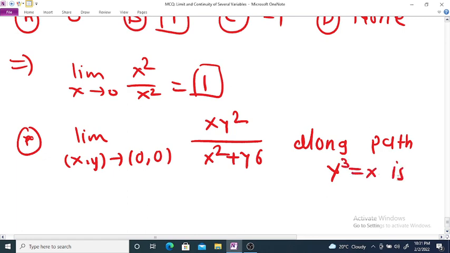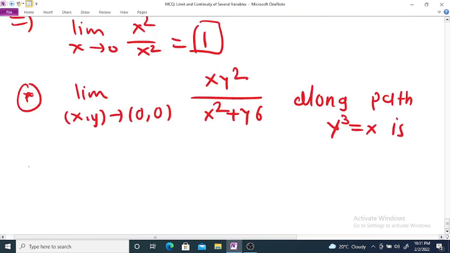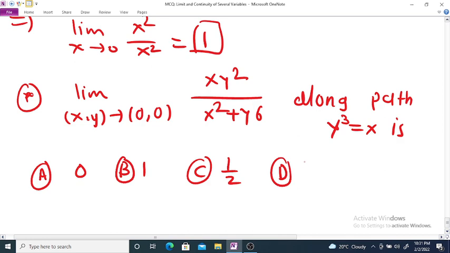The given options are: A is equal to 0, B is equal to 1, C is equal to 1 by 2, and D is equal to none.